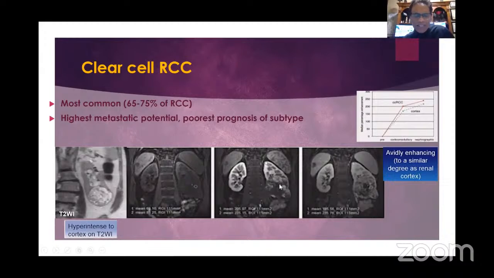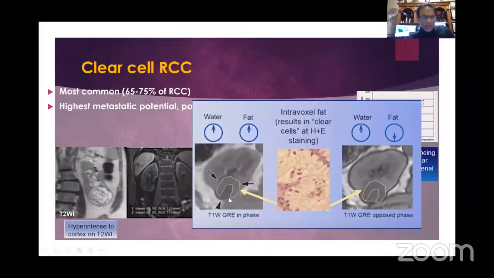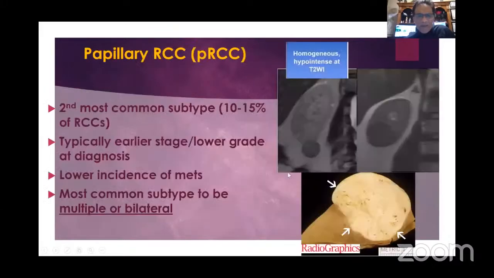There shouldn't be any problem in diagnosing this on CT or MR. On nephrographic as well as corticomedullary phase, it's going to show marked enhancement, especially in corticomedullary phase. It is going to show a drop in signal, as I showed you before, on out of phase imaging, which is going to be uniform due to intracytoplasmic fat, which is also pretty helpful.